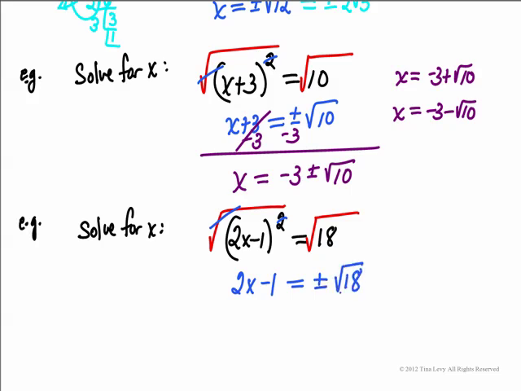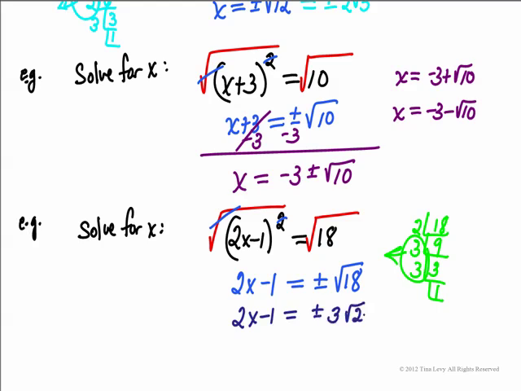But radical 18 can be simplified, and that's the key in these. You have to simplify the radicals. Working on the side, we know 2 goes into 18 nine times, 3 goes into 9 three times, 3 goes into 3 once. So the 3 is going to break out. We get 2x minus 1 is plus or minus 3 radical 2.